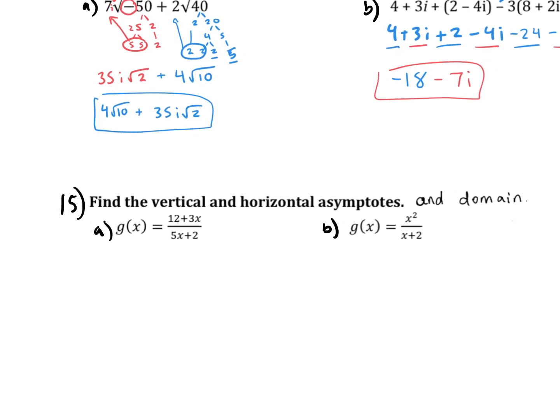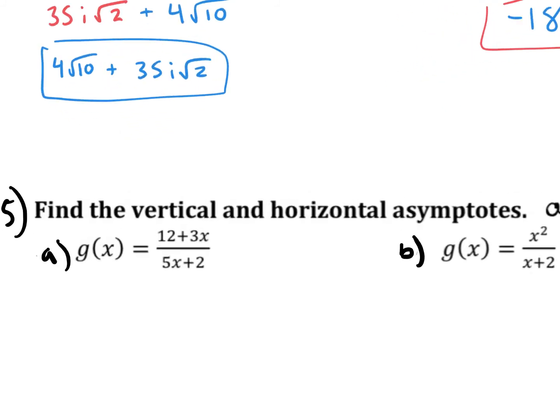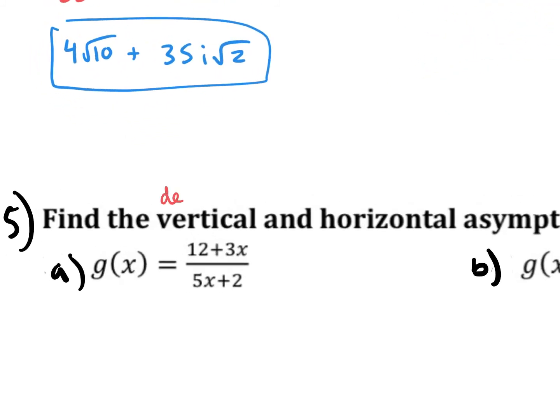All right, 15. We have to find the vertical and horizontal asymptotes and the domain. So for my vertical asymptotes, I set the denominator equal to 0. For horizontal asymptotes, if the degree of my numerator is greater than the degree of the denominator, then I have no horizontal asymptote.